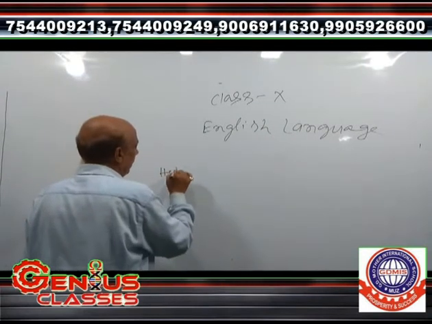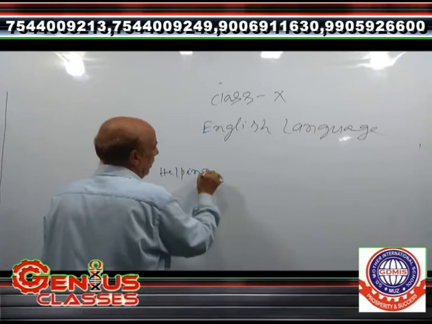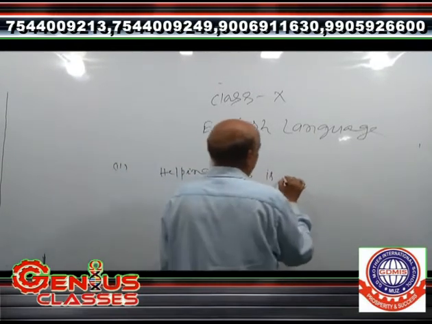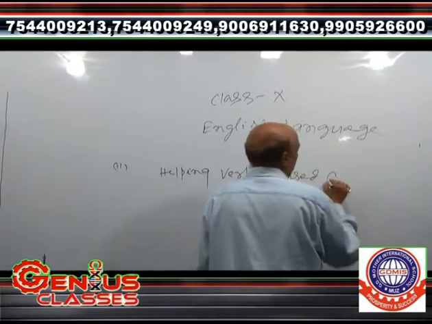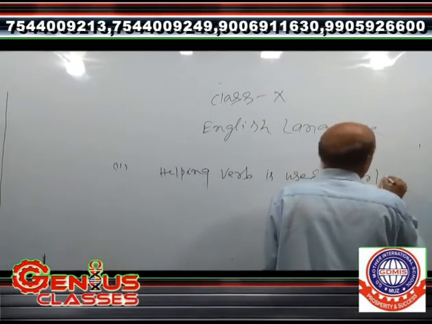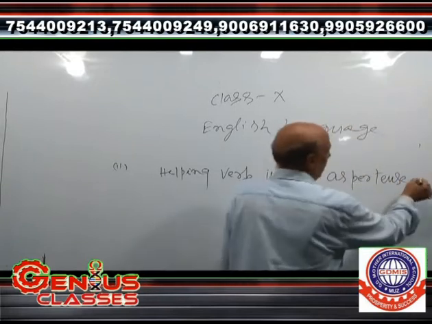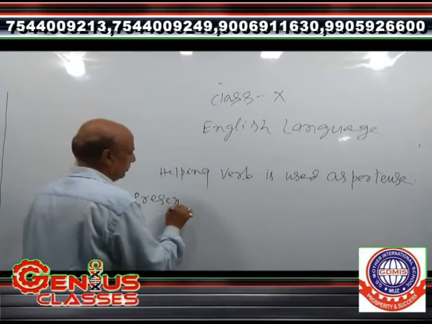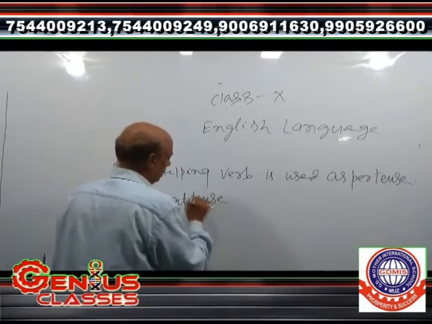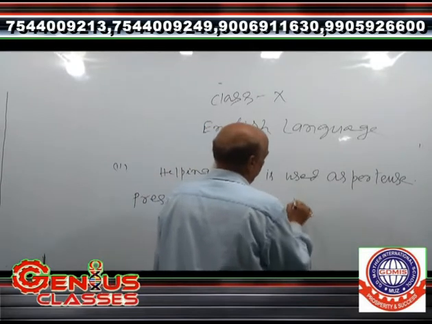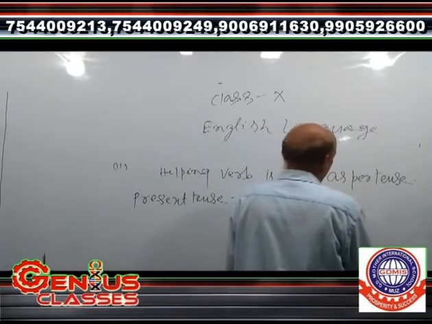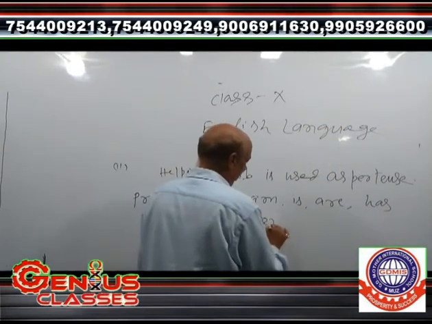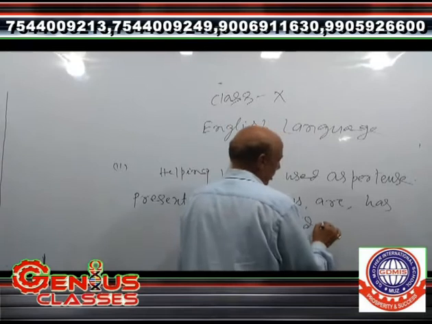Helping verb is used as per tense. Present tense: is, are, has been, and have been.